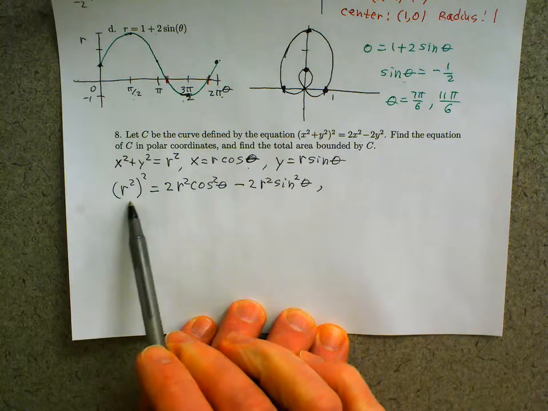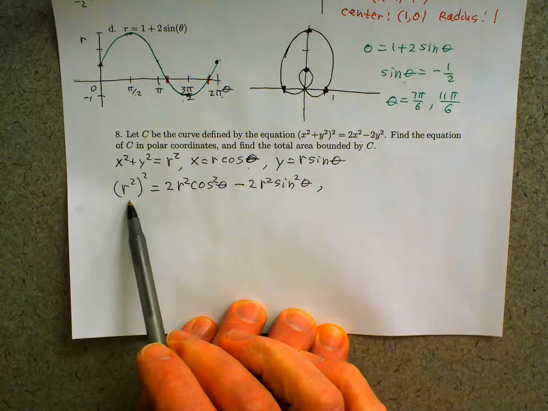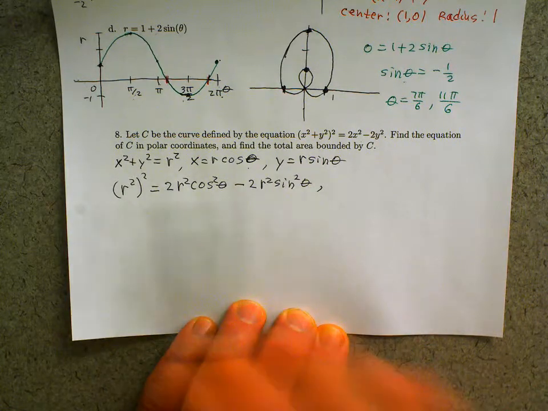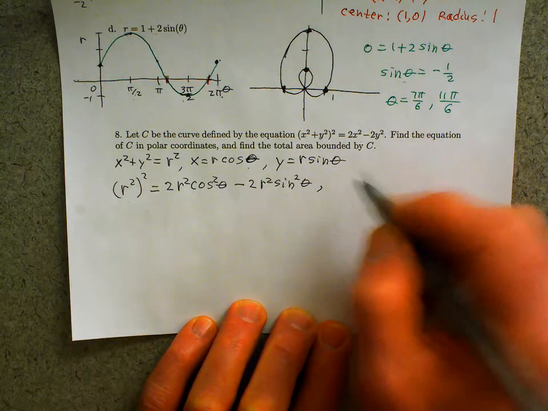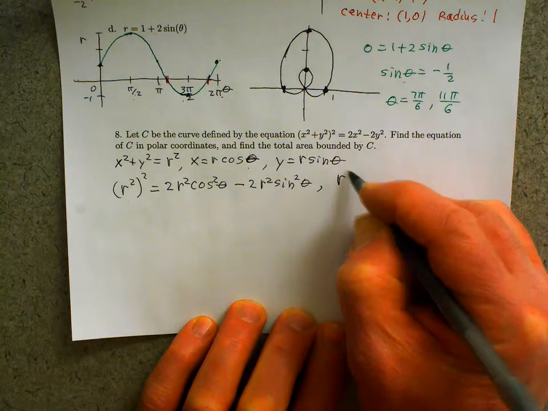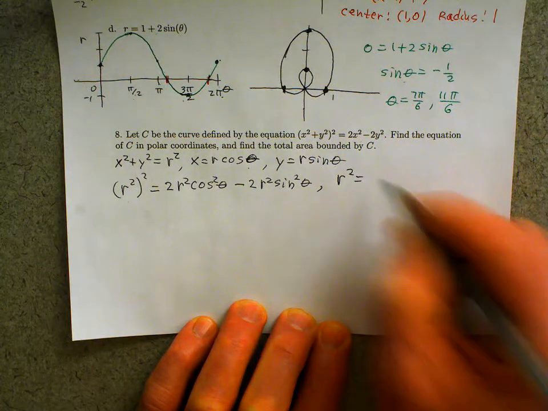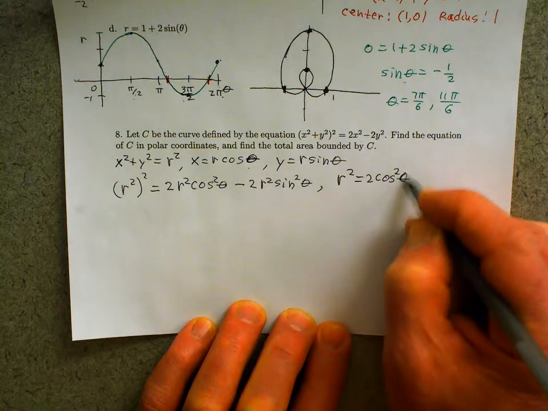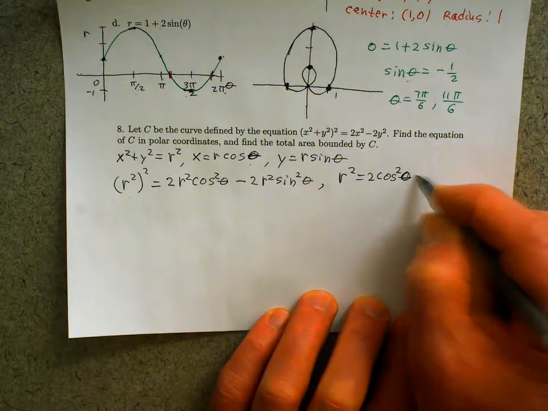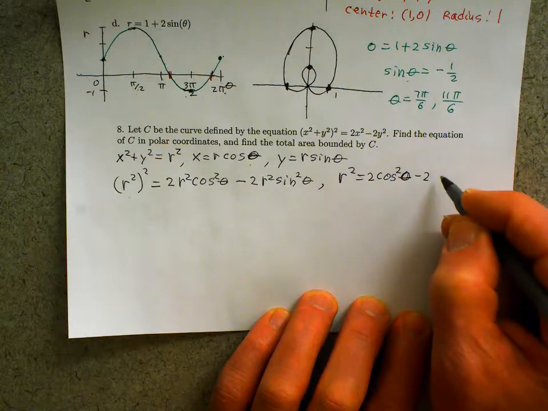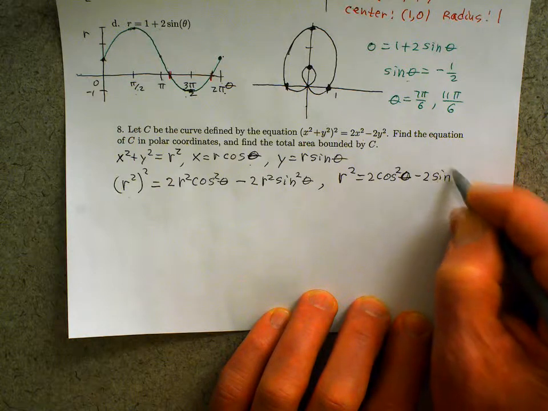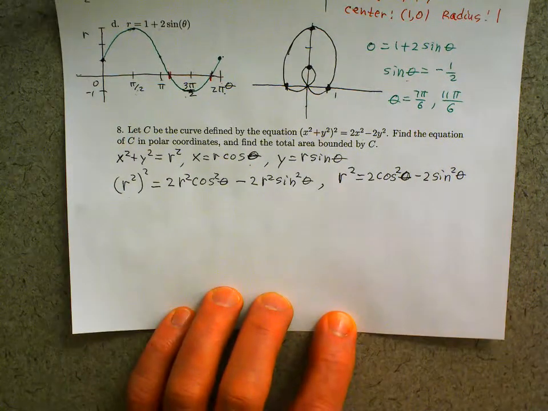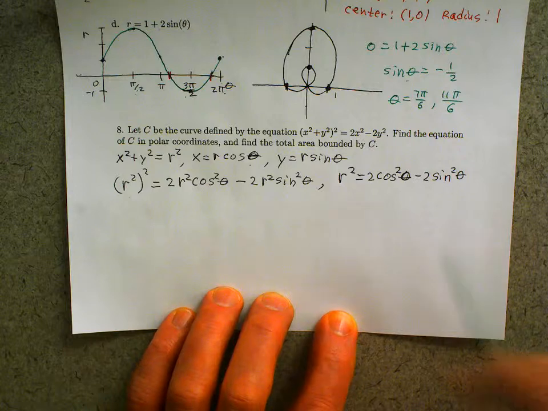So on the left-hand side, r squared squared is r to the 4th, but we'll just divide every term on both sides by r squared to get this equation. r squared equals 2 times cosine of theta squared minus 2 times sine of theta squared. We'll use an identity.